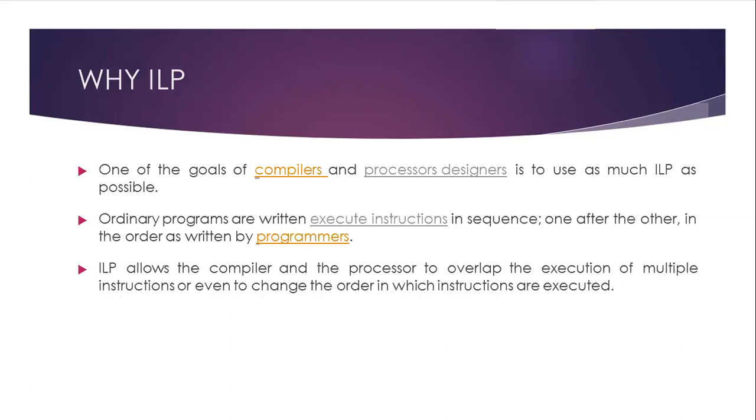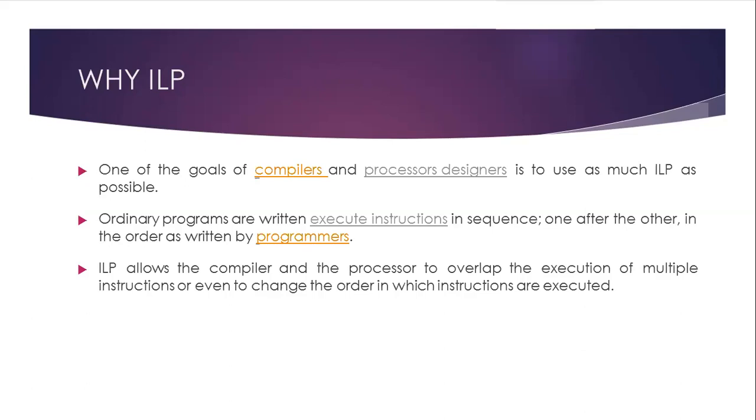ILP means compilers and processor designers use as much ILP as possible, because ordinary programs are written to execute instructions in sequence, one after another, in the order written by programmers.